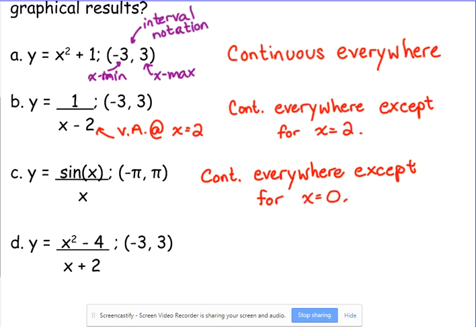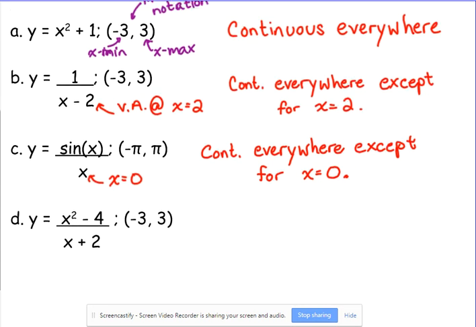So remember, holes really don't show up on our graphs. You can't always trust the graph. Usually the denominators are a good indicator of where you're going to have a discontinuity. You can't divide by 0, so if the denominator ever equals 0, then you're going to have a problem.